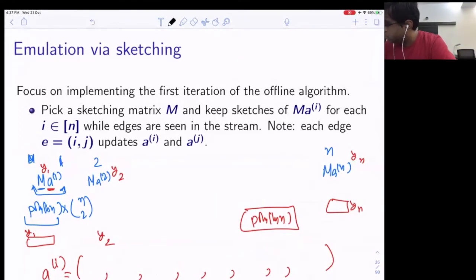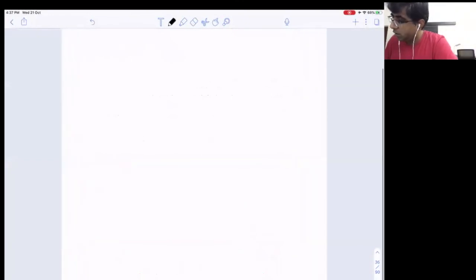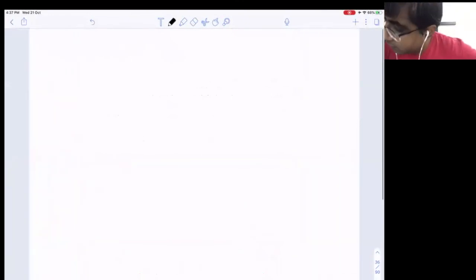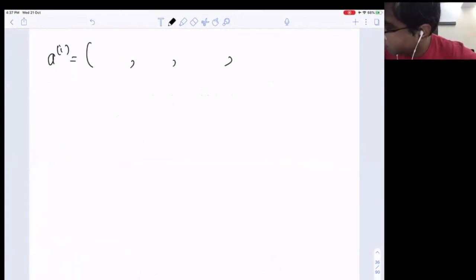Let's just do this one. Okay, so let's look at this vector A of i. This is a long vector, and what you want to do is +1 at this coordinate.